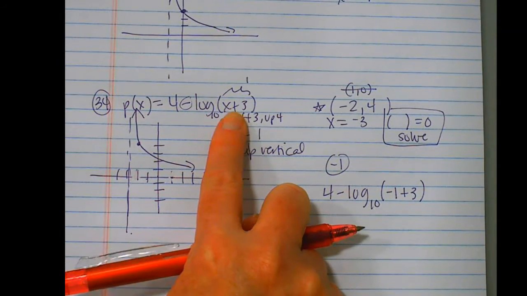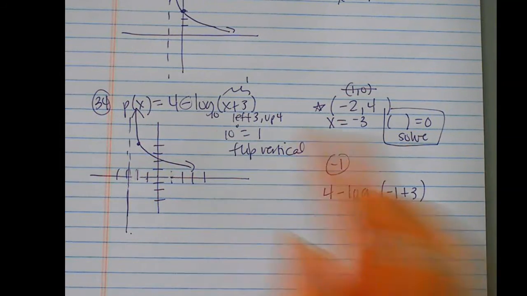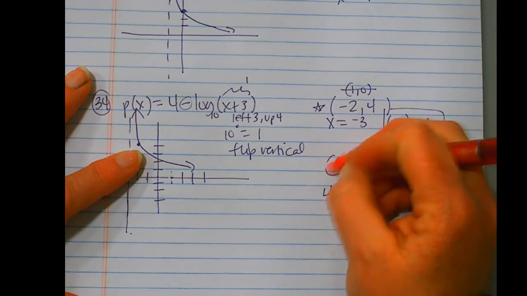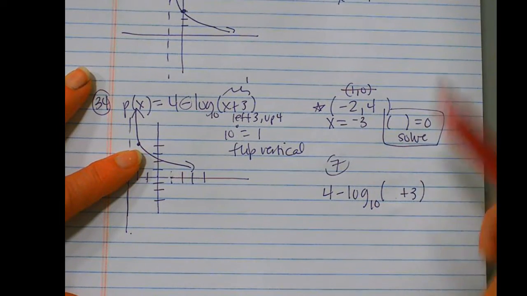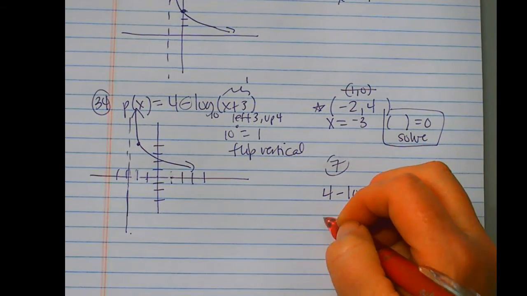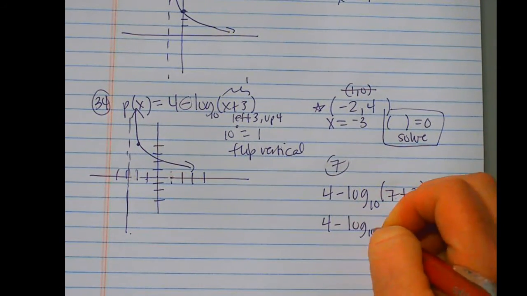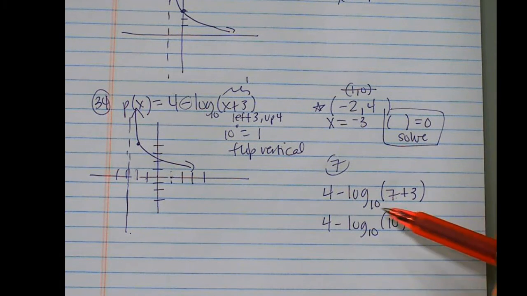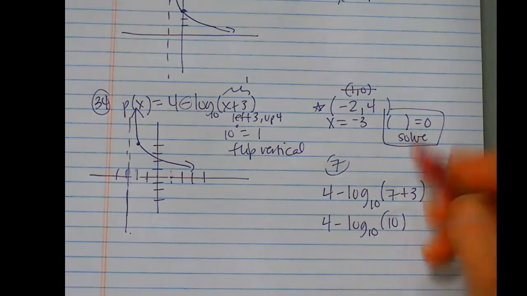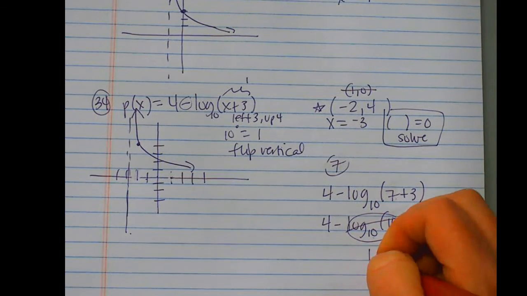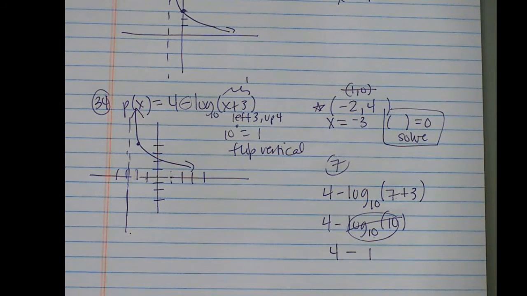How could we make this part 10? 7. So let's try 7. Okay, so 7. Now we've got 4 minus log base 10 of 10. What exponent do you give 10 to be 10? So this whole thing can be replaced with 1 because that's the exponent.